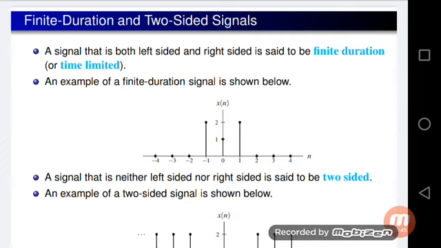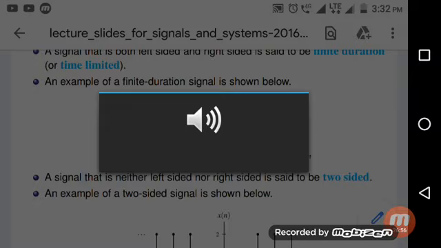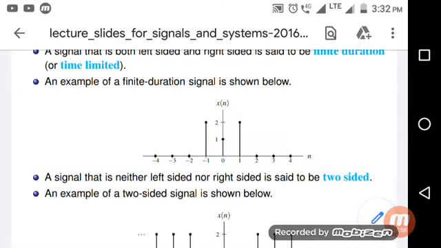That means the signal occupies the place from both right and left sides. Finite means it will transmit the signals on both right and left sides. That's why it is called finite.